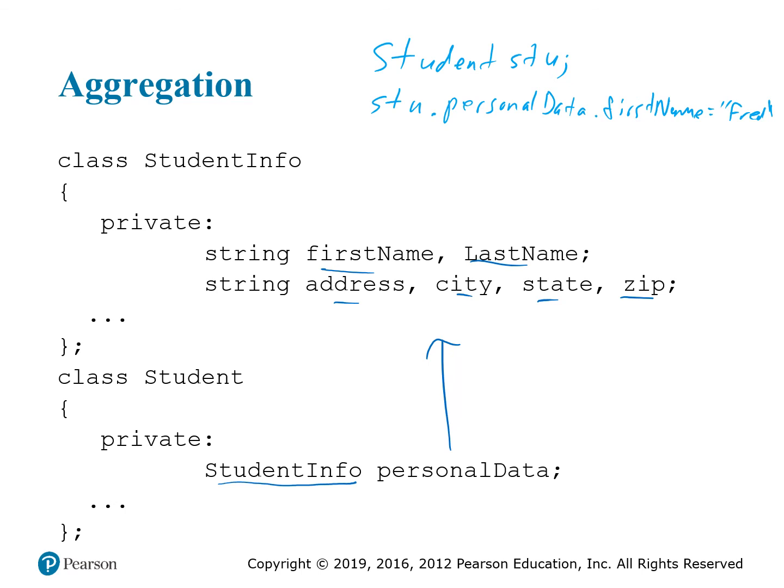Except, of course, we couldn't do that unless we were a member or a friend function, because here we're accessing private data. So probably we would just call stu dot set name Fred, comma, Jones, and that would set those two values for me.